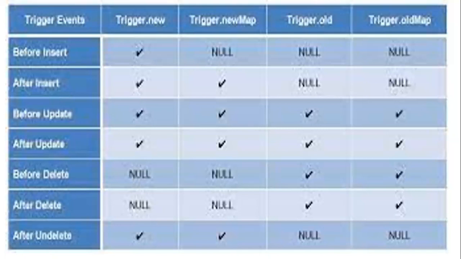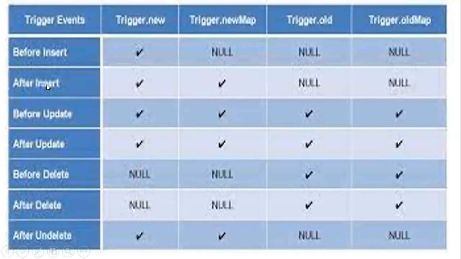Let me say it carefully: if we don't have any data in the database, there is no concept of delete. That's why trigger.new and trigger.newMap, which are new records, are not there. Delete is an operation on already existing data, so trigger.old and trigger.oldMap are there. After undelete, trigger.newMap is there, so it's the same as after insertion.